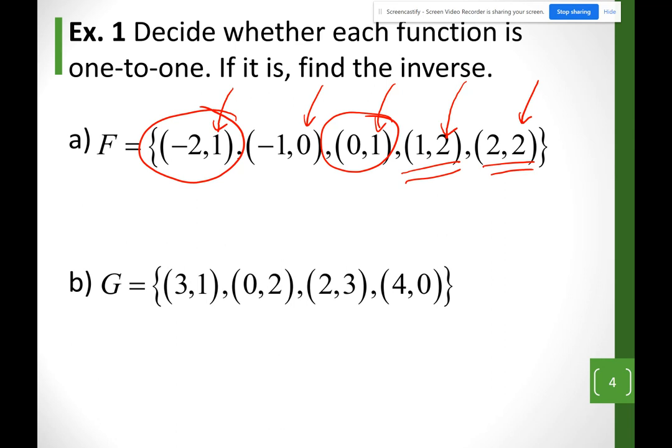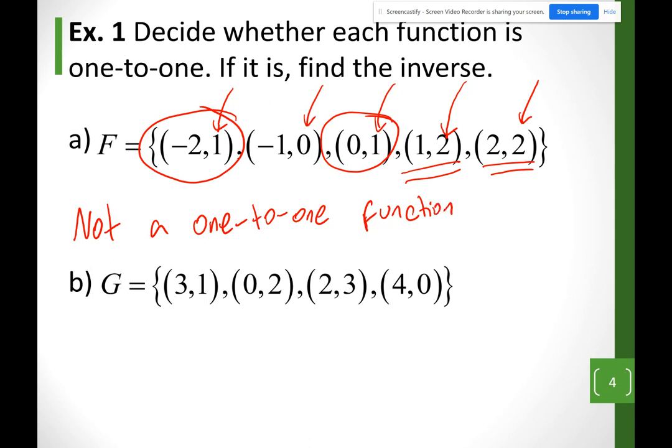So I see that there are 2 points that have the same value. As a matter of fact, there are 2 pairs that have the same y value. So I'm just going to say this is not a one-to-one. So decide whether each function is one-to-one. Not a one-to-one function.